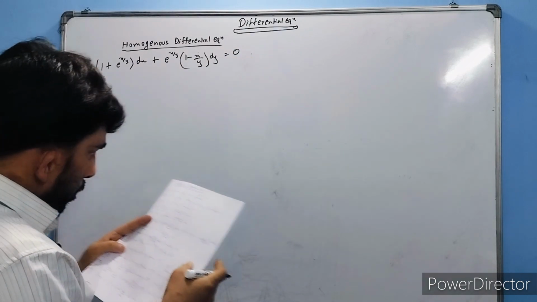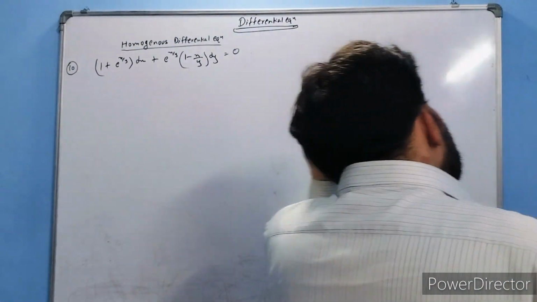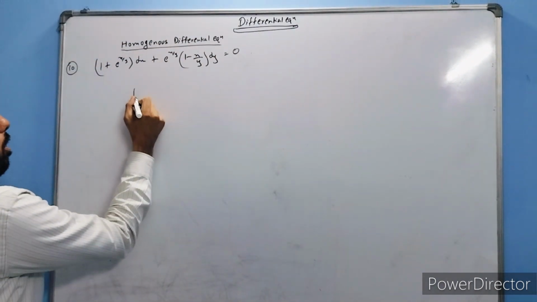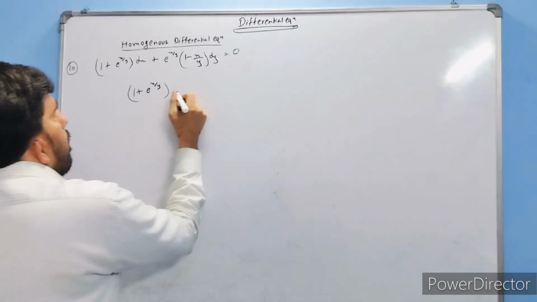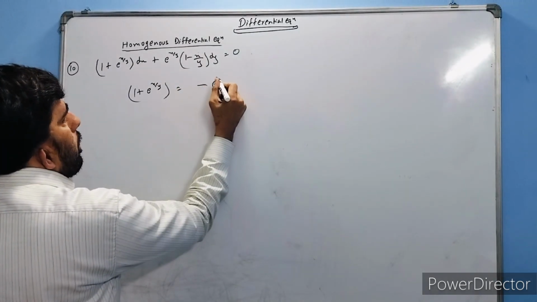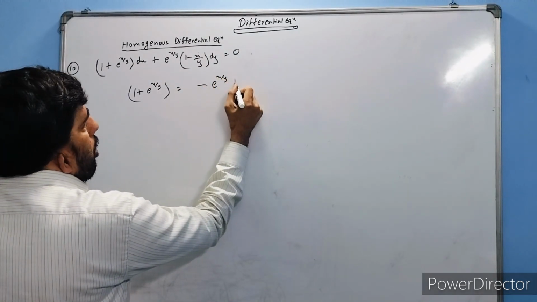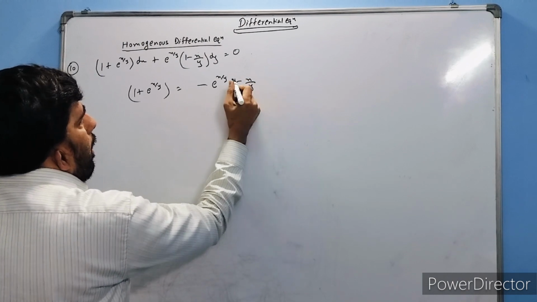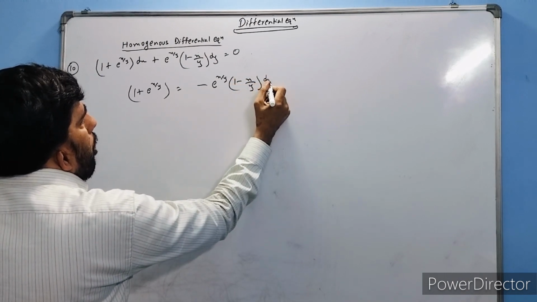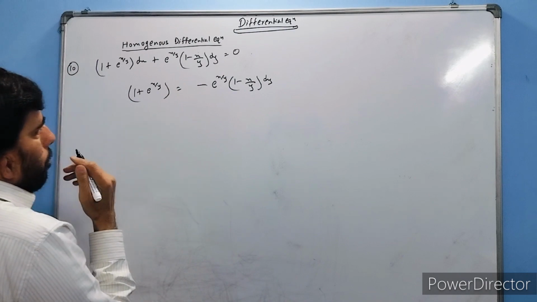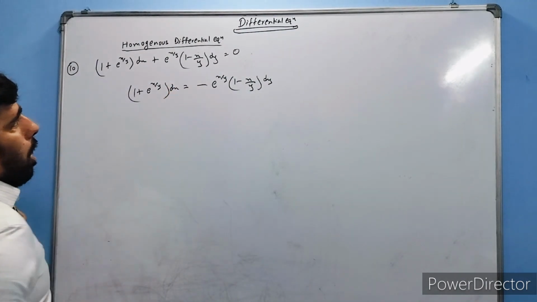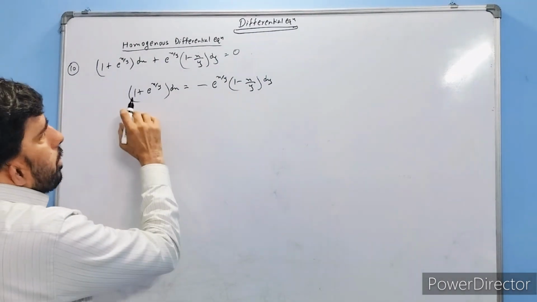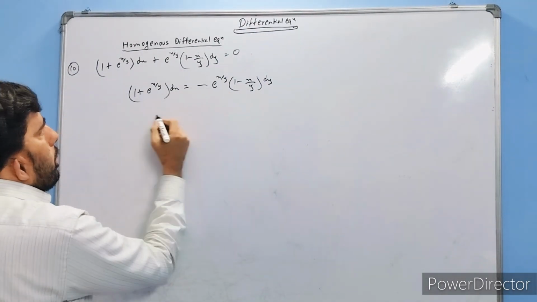So we have this question. Now let us see how we can solve it. (1 plus e raised power x upon y) dx is equal to minus e raised power x upon y (1 minus x upon y) dy. So now we can take dy upon dx.